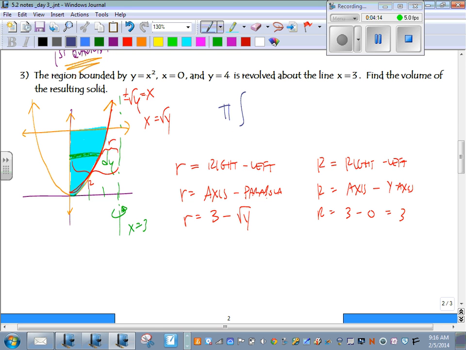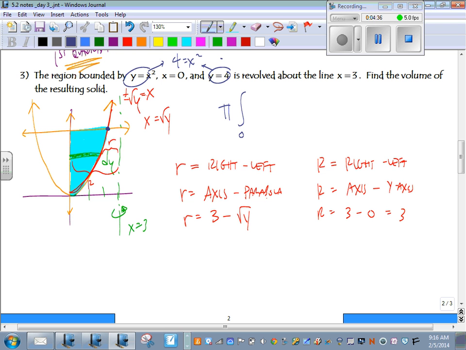Pi times definite integral. What's our smallest y value? 0. Biggest value, we have to figure out where these intersect. Right, where the parabola intersects with the line y equals 4. So put 4 in for y. Just use substitution.